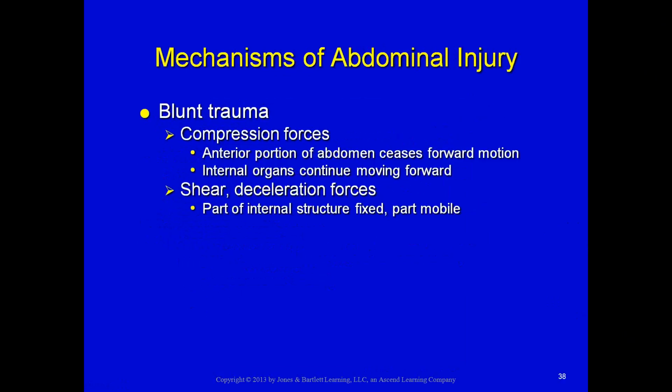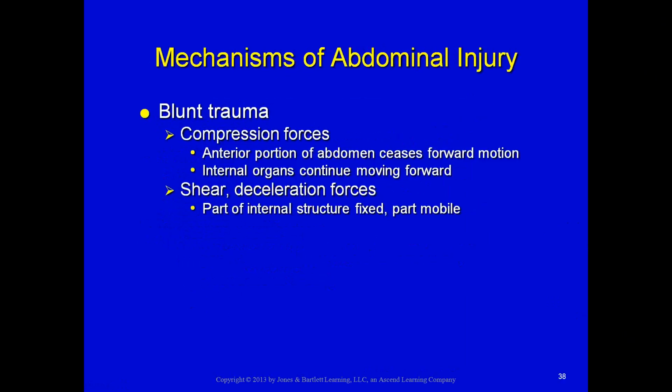With blunt trauma, it's going to be a compression force, like if your seatbelt is worn too high above your pelvic cavity, or if somebody strikes you or kicks you in the abdomen, that's a compression force. The anterior portion of the abdomen ceases forward motion, but the internal organs continue to move forward, and the shear and deceleration forces associated with those organs moving forward, many of those are tacked into place, if you will, by ligaments.